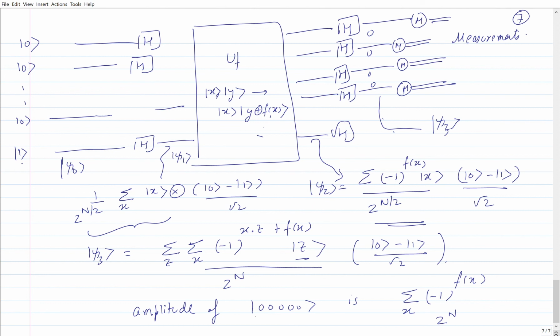So this gives you in fact the probability of measuring 0, 0, 0, 0, 0, and if it's a constant function, then that probability is 1, and that actually tells you about the function being a constant function. So the bottom line is, if all bits you measure are 0, this implies it's a constant function.